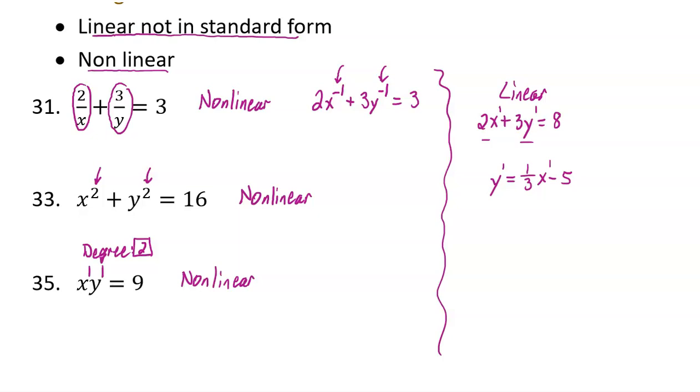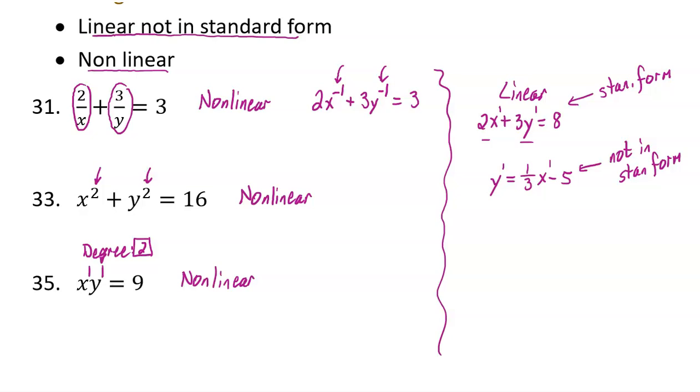In my first example, this linear equation is in standard form. And in my second example, the linear equation is not in standard form. They're both linear equations, but they're not written in the same format.